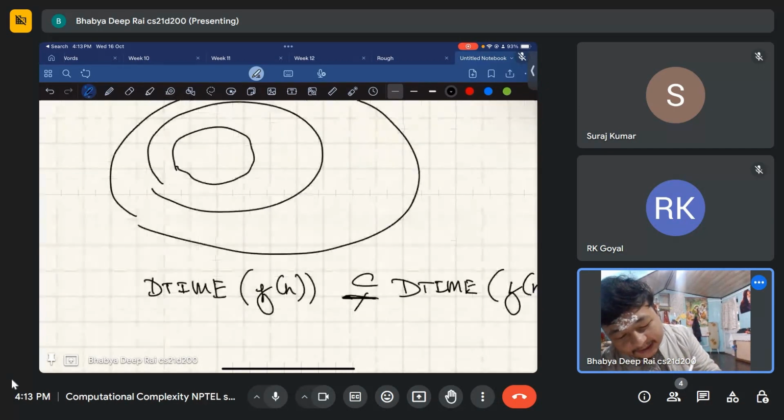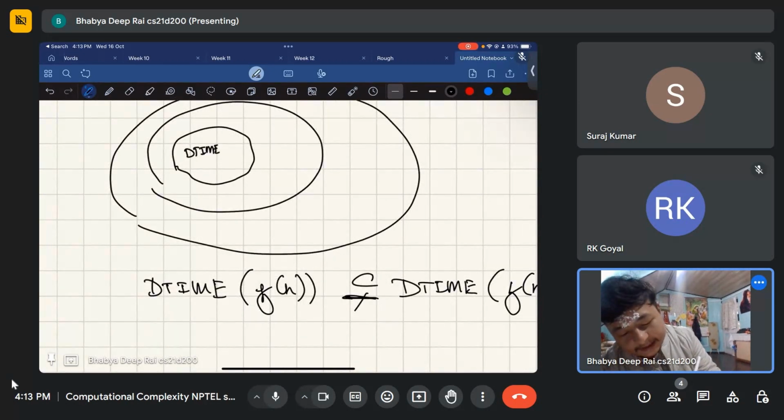For example, say this is DTIME of n. Then there is always a problem here which cannot be solved given linear time, but can be solved if given n log n time.